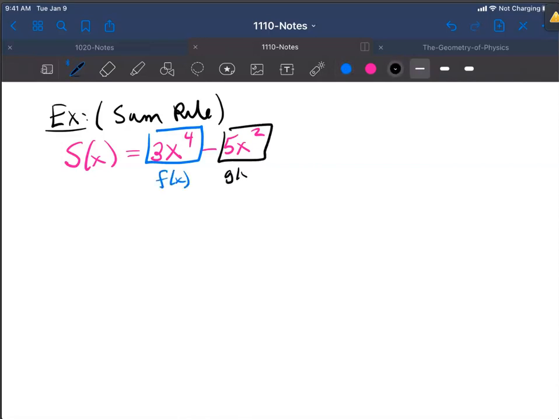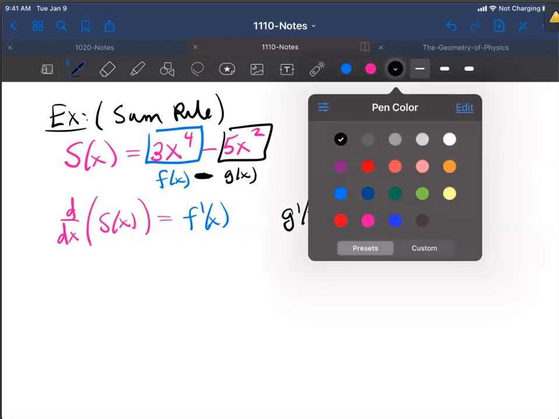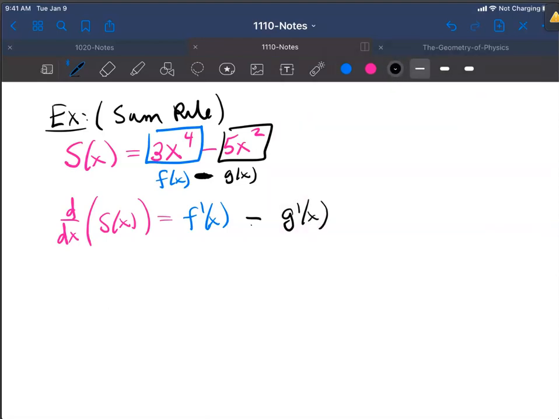There's a function f and a g, and they are summed, which is done via subtraction. Subtraction is the opposite of addition. So if we want to find the derivative of the sum function, what we need to do is take the derivative of the function f, the derivative of the separate function g, and we get to subtract those two results from each other. But this problem is nice and easy because we have the power rule.